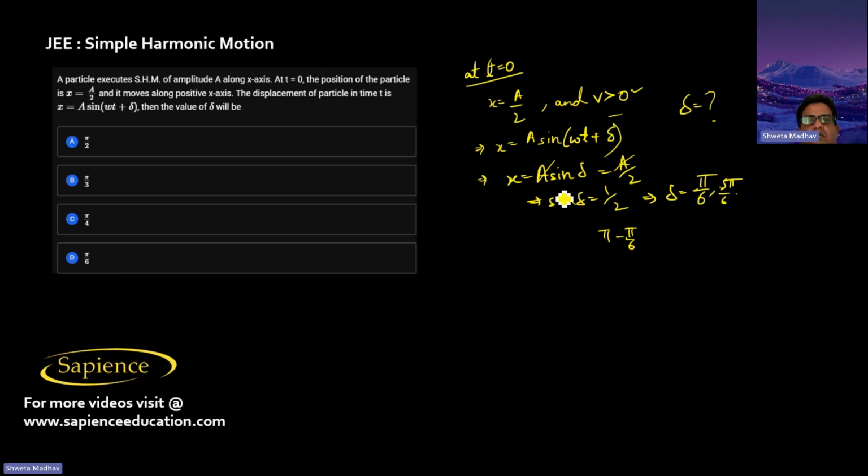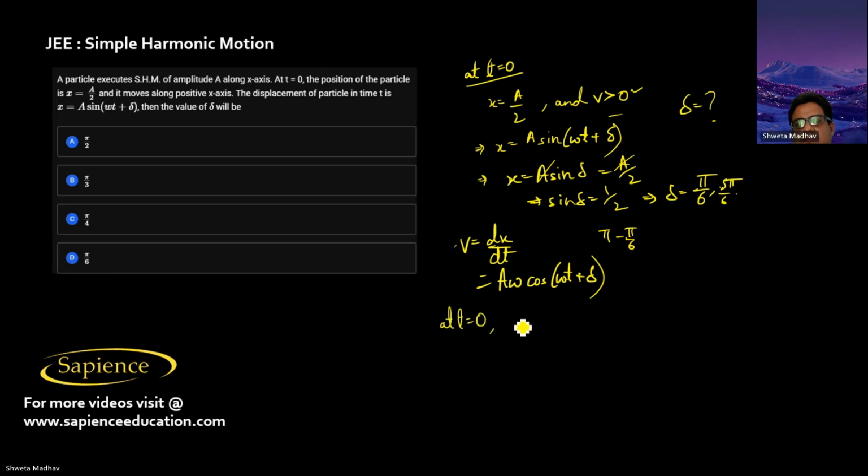So velocity will be dx by dt, that is equal to a omega cos omega t plus delta. At t equal to 0, v will be equal to a omega cos delta. Now cos delta should be greater than 0.